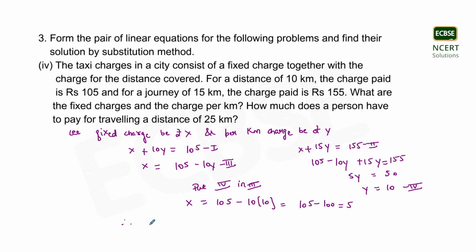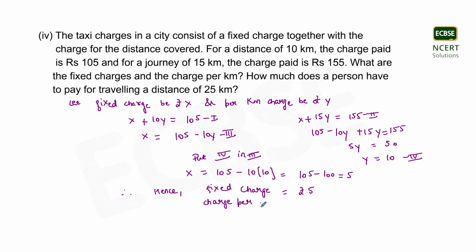Therefore, hence fixed charge is equal to rupees 5, that is x, and charge per kilometer, which was equal to y, comes out to be equal to rupees 10.